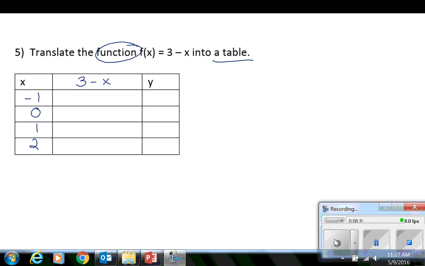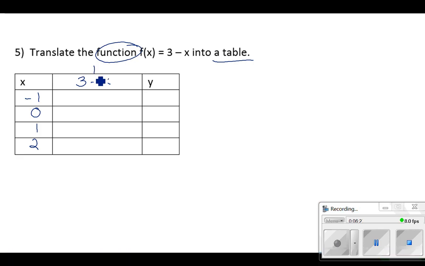Now I can substitute the numbers in. And this -1 that we're starting with is going to be a little bit tricky because of this minus sign. So we have 3 minus, and then I'm going to put in the -1. And we know that 2 negatives make a positive. So we have 3 plus 1, which equals 4.